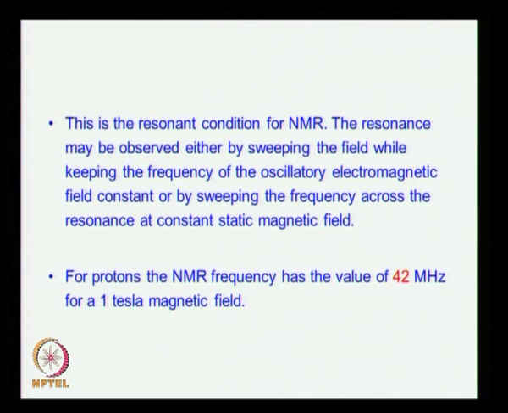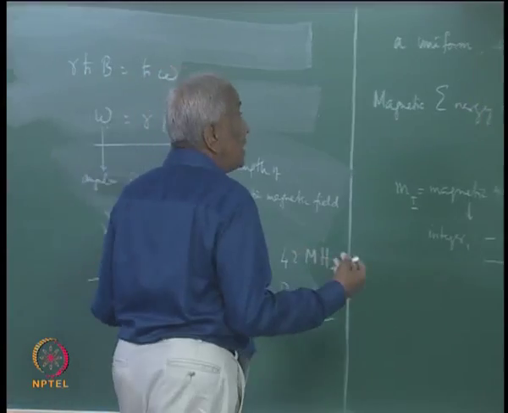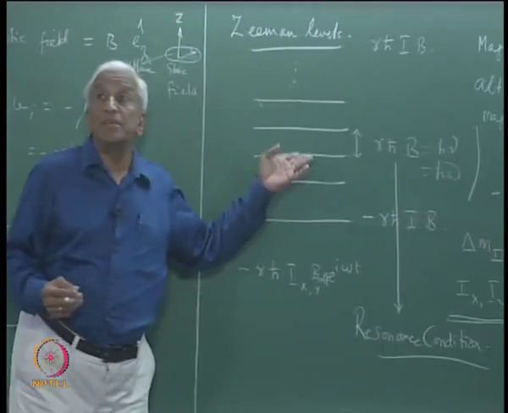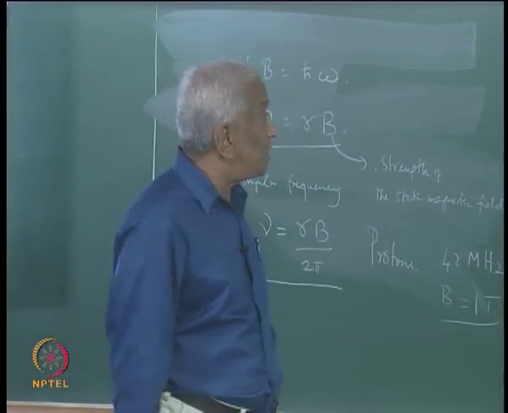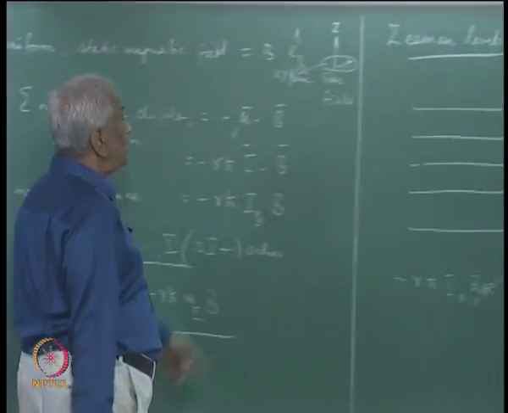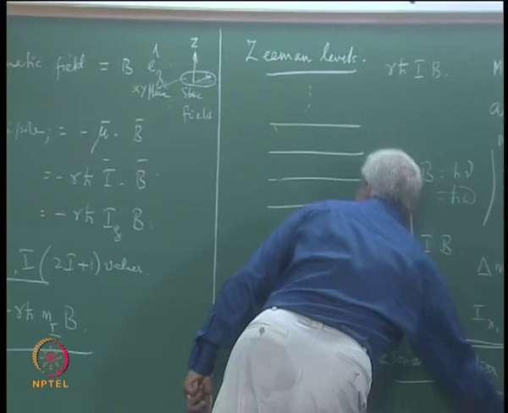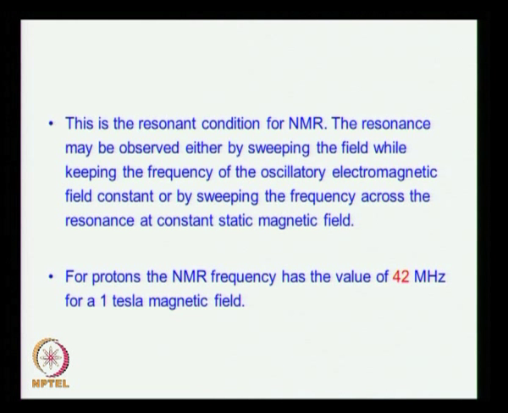Now, we are talking about time dependent perturbation inducing transitions between adjacent Zeeman levels. Now, what is the transition probability? Let us look at this a little closely.